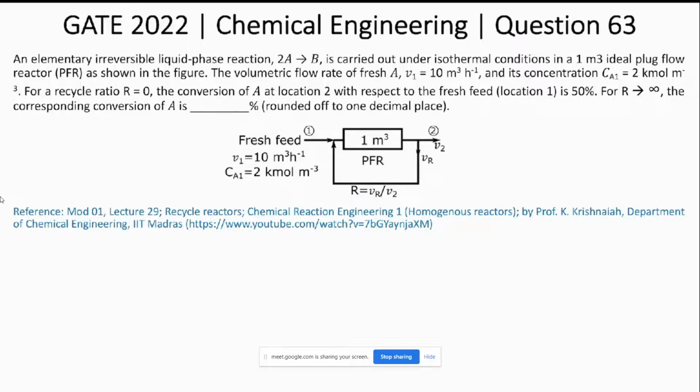The volumetric flow rate of fresh A, nu1, is equal to 10 meter cube per hour and its concentration Ca1 is equal to 2 kilomole per meter cube. For a recycle ratio R equal to 0, the conversion of A at location 2 with respect to the fresh feed at location 1 is 50%, and for R equal to infinity, the corresponding conversion of A is dash, rounded off to 1 decimal place.